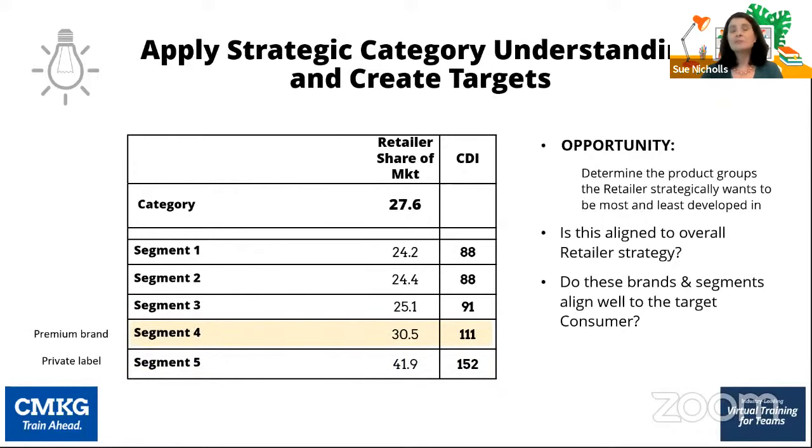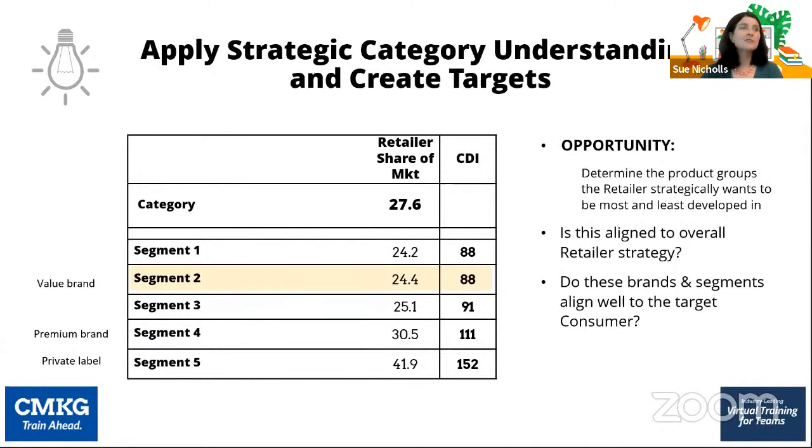And imagine if segment 4, like we already showed in the example for pasta, is plant-based protein. Perhaps they want to be highly developed in that segment, especially if it matches well with their target consumers. And then segment 2, they're only at an 88 category development index, but imagine if you're a value brand that directly competes with private label.